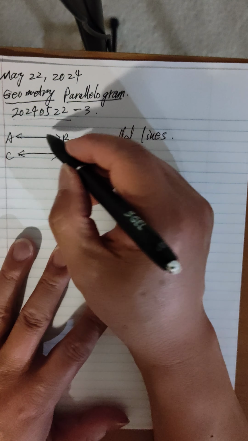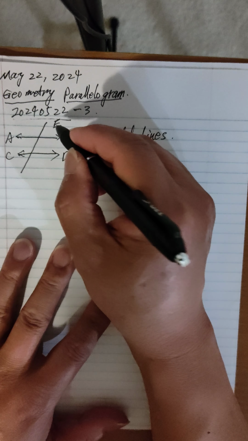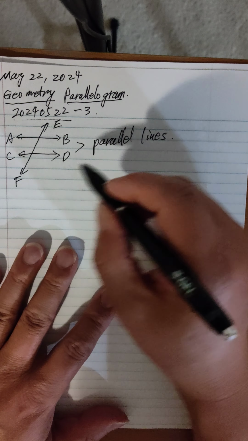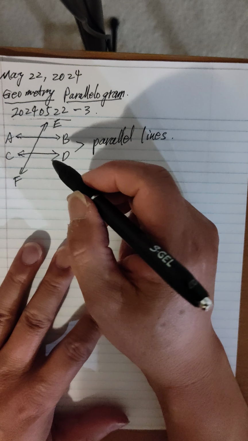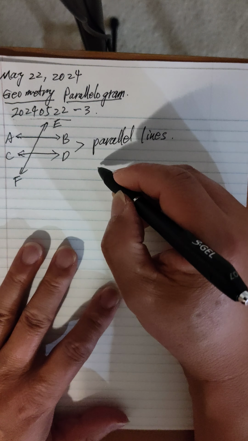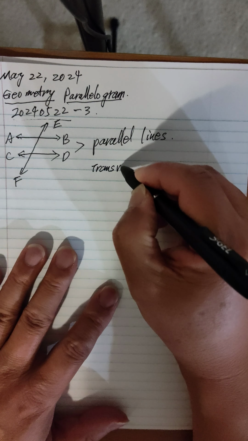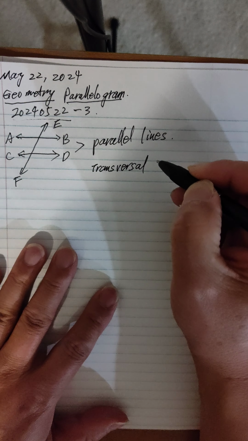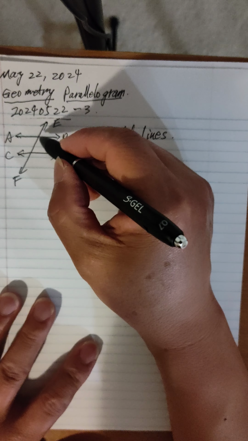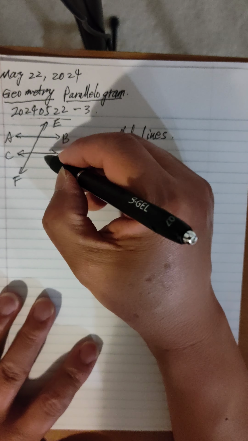And then if there's a third line, EF, that intersects with both of the parallel lines, it is called a transversal, or transversal lines.